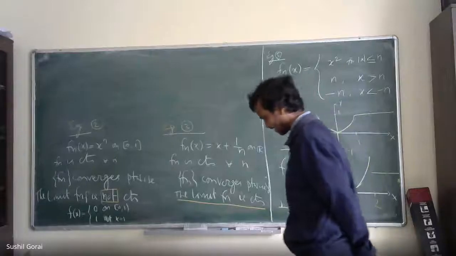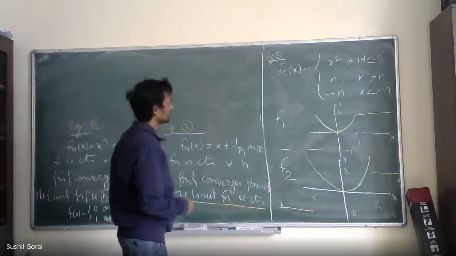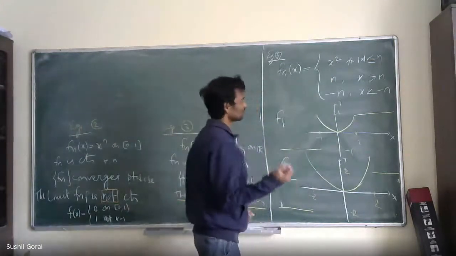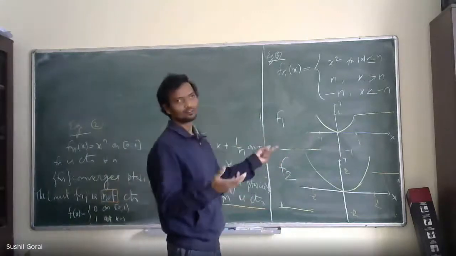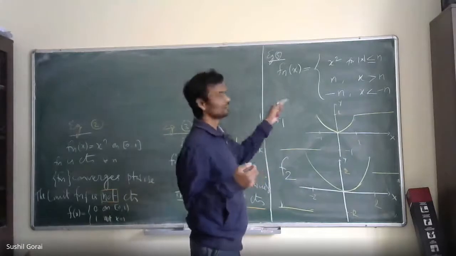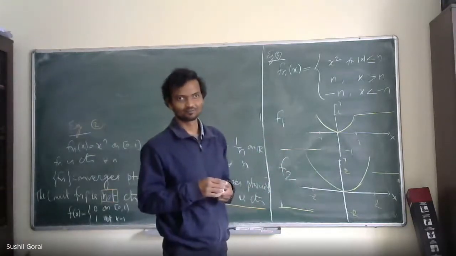So yeah, it should converge pointwise to f(x) equal to x squared. Because you choose a point, after some n, you will get that. Whatever x you choose, you will get that value of f_n(x) to be x squared after some n.